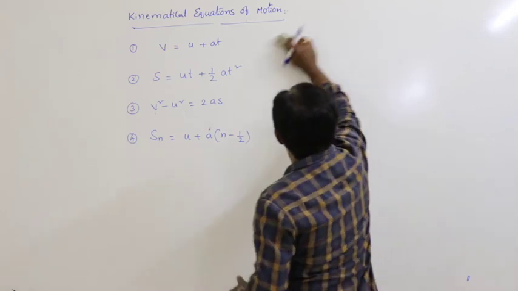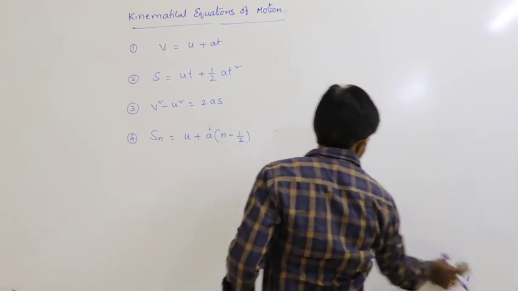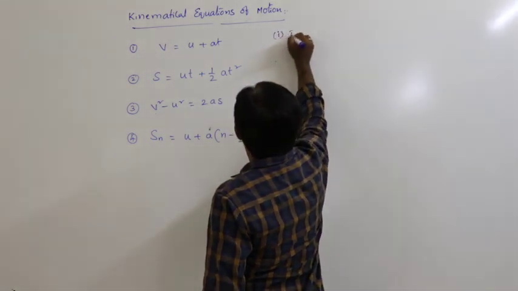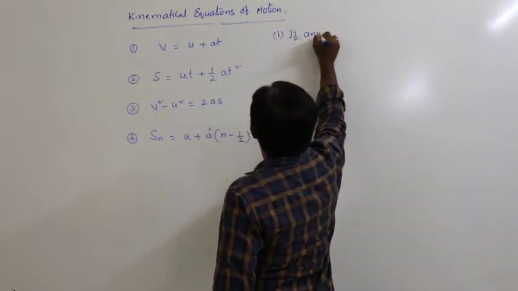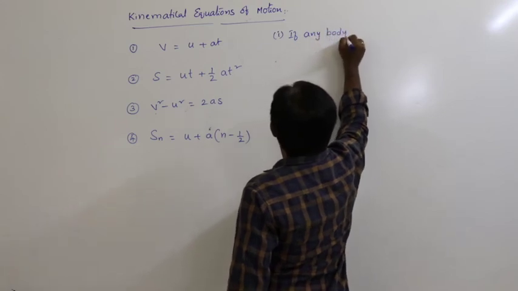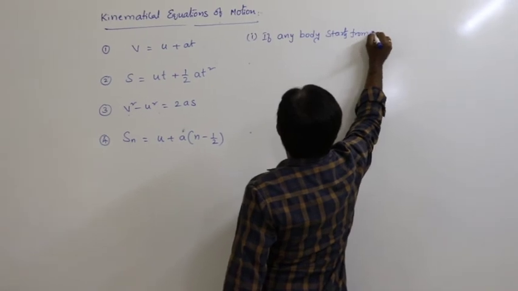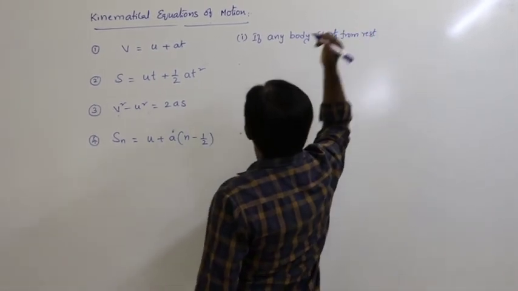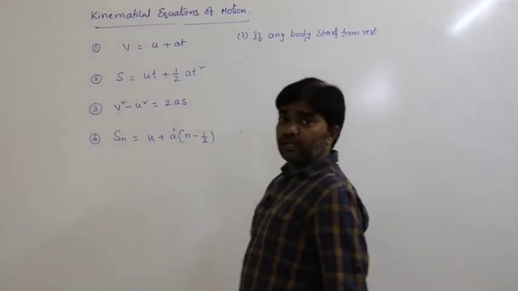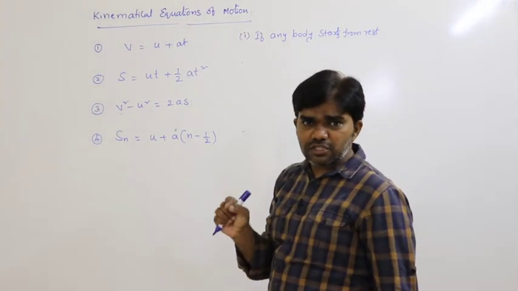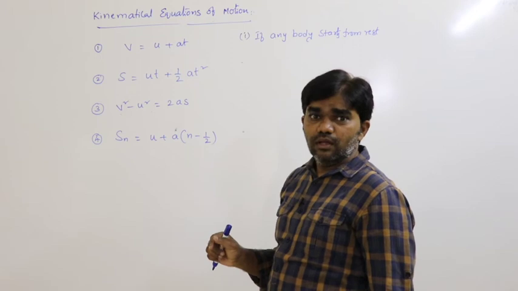Here some terms we must remember. So first condition is, if any body starts from rest, that means at the start of motion the velocity of the body is 0.